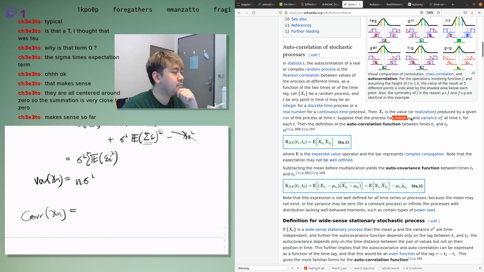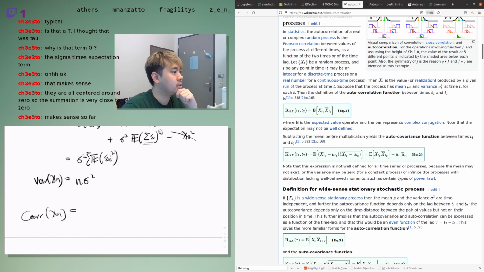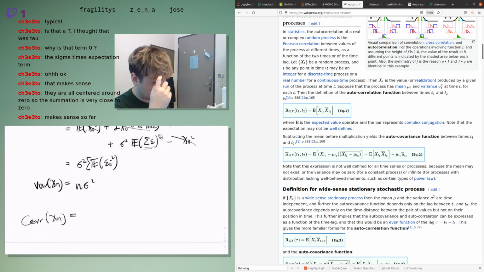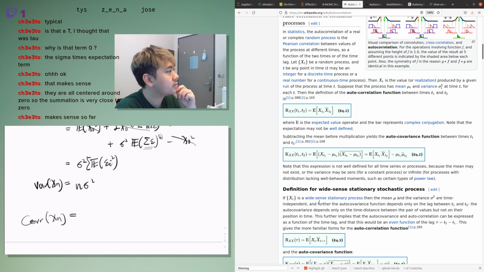The process has mean mu t and sigma t at time. Okay, and then the variance are time independent. So this is not time independent. No, they are time independent. Wait, are they? No, they're not time independent because there's an n term there. So, okay, I cannot use this.